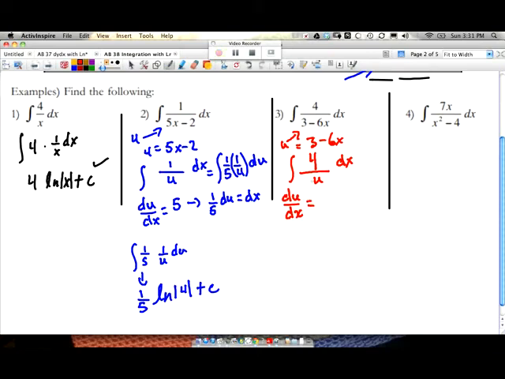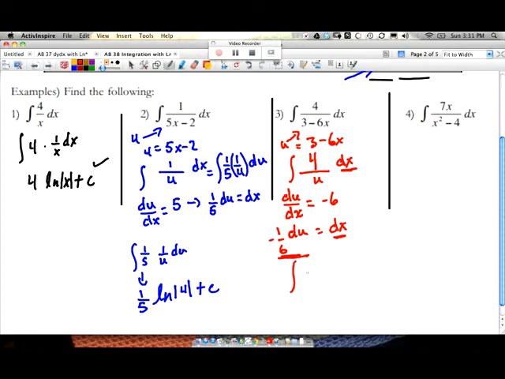The derivative of 3 minus 6x is just negative 6. I notice that I don't really have a negative 6 there, so that's not going to help me. So I'm going to do some algebraic manipulation. I'll have du, and I got a negative 1/6 equals dx. Now I can take out this dx and replace it with negative 1/6 and a du.